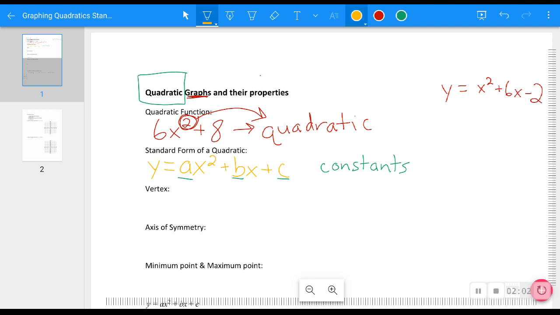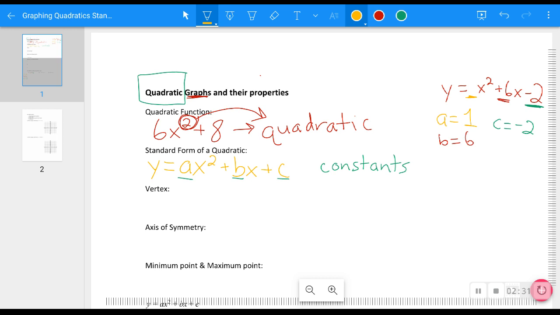Our a value is always just going to be the number out in front of the x squared. So here our a is going to be 1. If there's nothing out there, there's just a 1. Our b value is whatever's in front of that x. So here our b is 6. And our c value is that number hanging out there on the end. So our c is going to be negative 2. Make sure you pay attention to that negative.